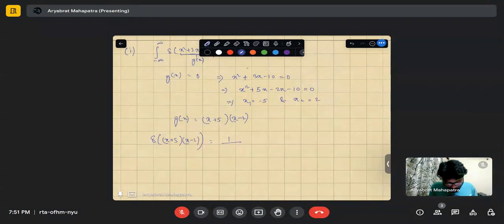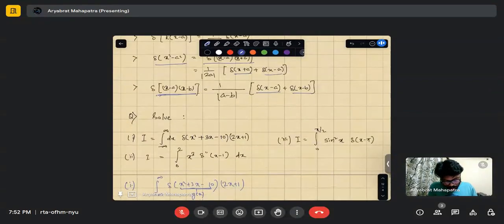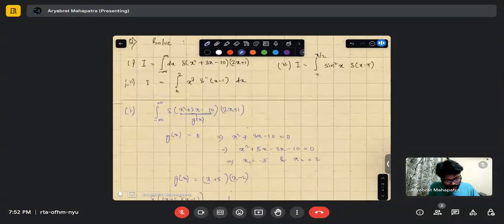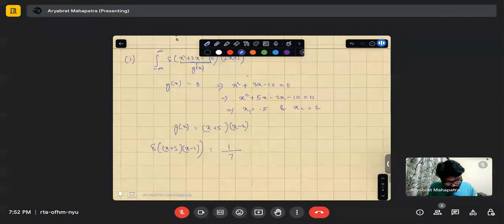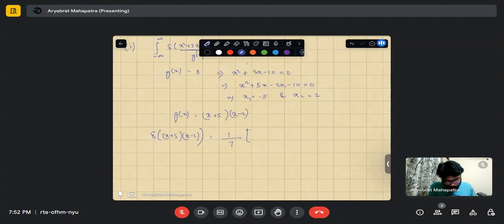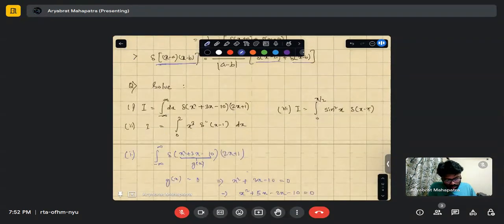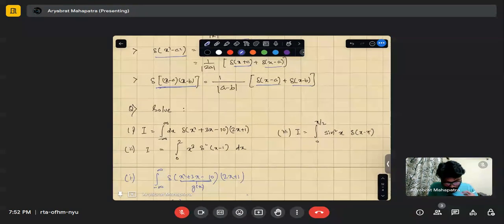Here my a and b are x1 and x2, so a minus b is minus 5 minus 2, that's minus 7, its mod is 7. So I can write this as 1 over 7, times delta of x plus 5 plus delta of x minus 2. I have just used this property right here, the last one.